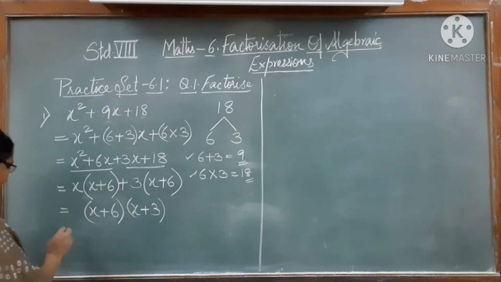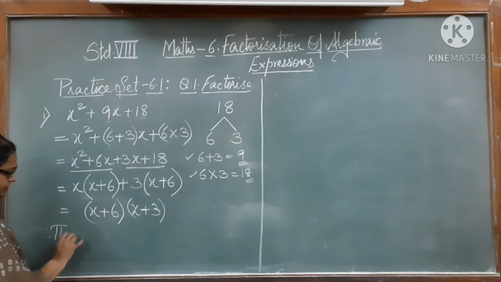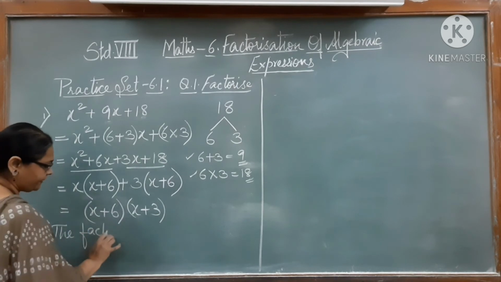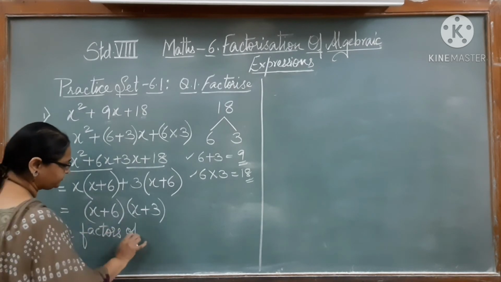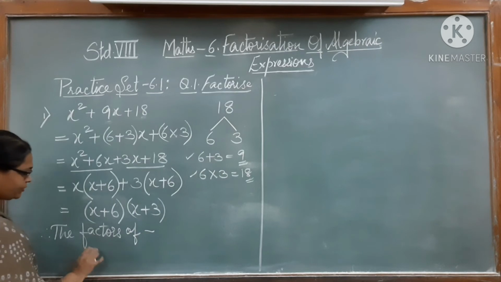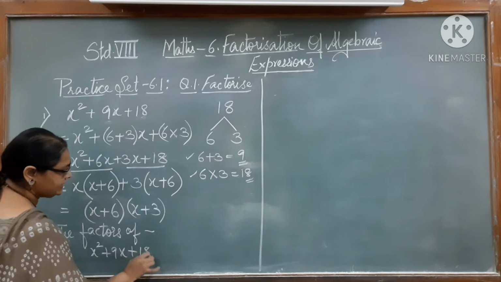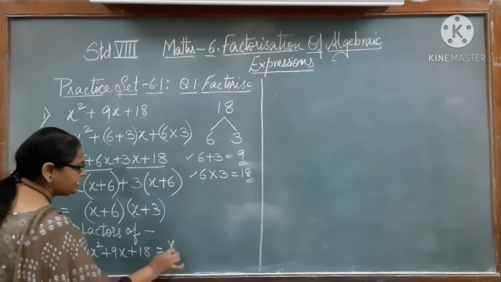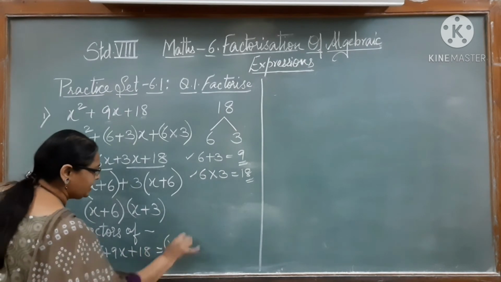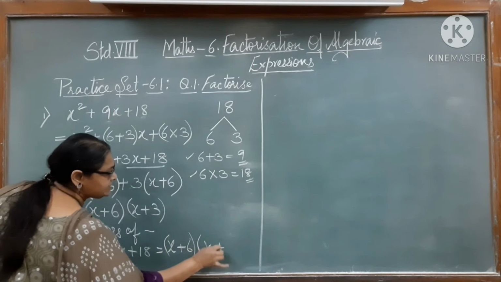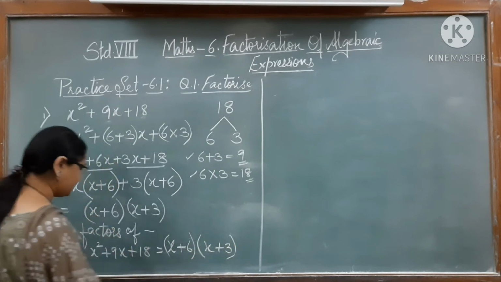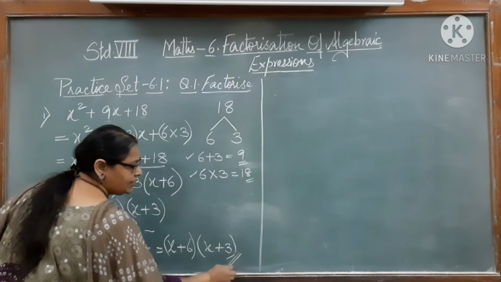Therefore, I get the factors of x squared plus 9x plus 18 is equal to x plus 6 and x plus 3. That is the answer.